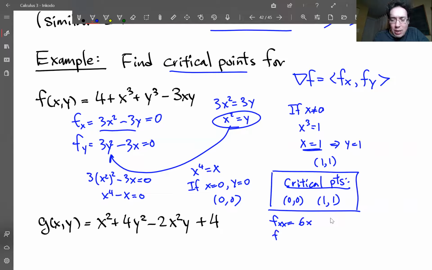fyy is going to be 6y. And then fxy is equal to -3. Okay.